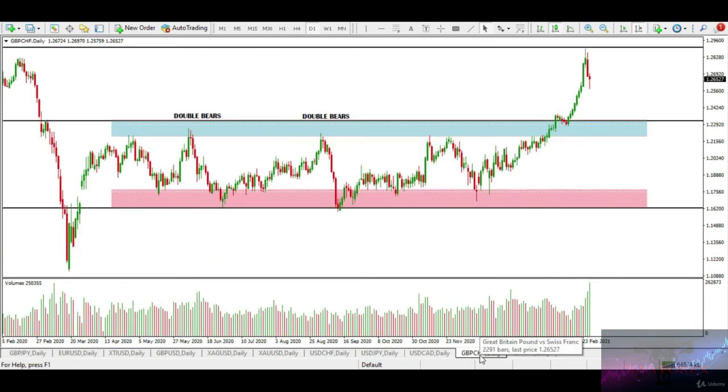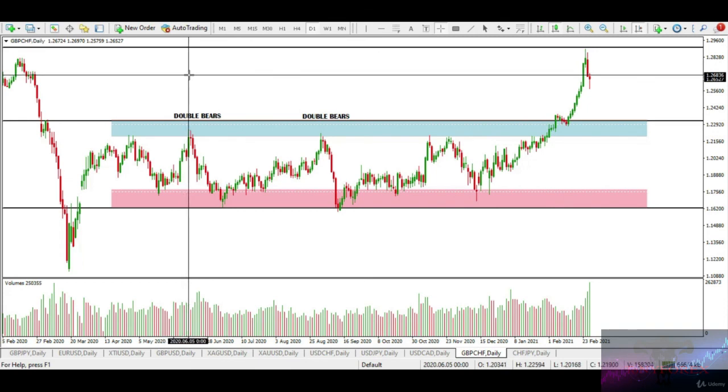Similarly, I will quickly explain double BF patterns on pound and Swiss franc. Guys, the criteria remains the same as you analyze the different patterns and their associated volumes.